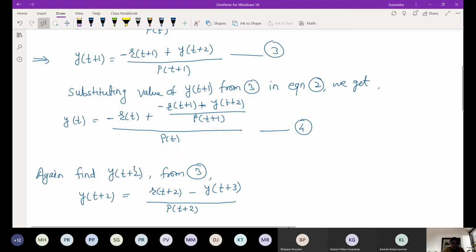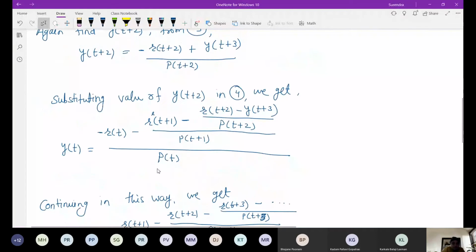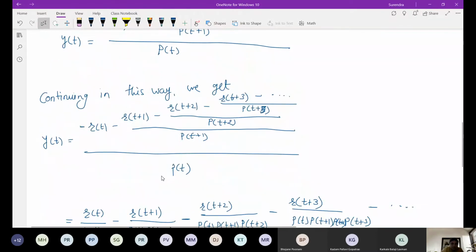Am I right? Yes, ma'am. Now this will be minus, this will be plus. This is minus, this is plus, this will be minus, this will be minus, this will be plus. So this will be minus again, this will be plus, this is minus, this plus, and this minus.